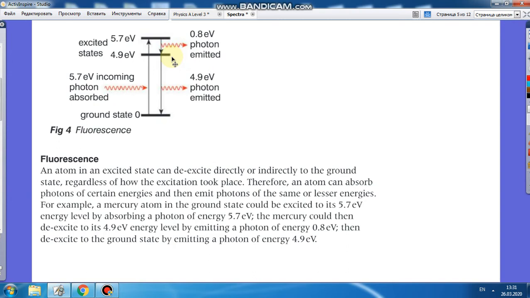And finally it emitted a 4.9 electron volt photon and came back to the initial ground state.